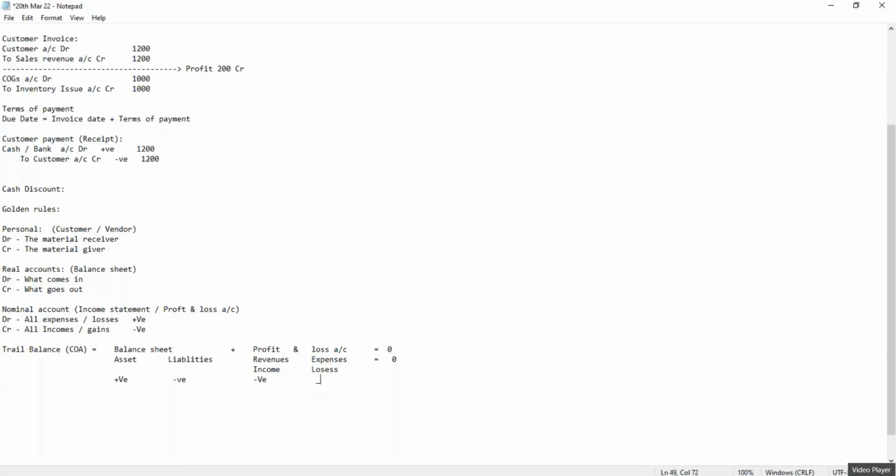This is the only confusion for any mind. If you remember that the behavior is completely opposite on this side, then you can remember forever and there will not be any confusion. Assets positive, liabilities negative, revenue or income is negative, losses is positive.